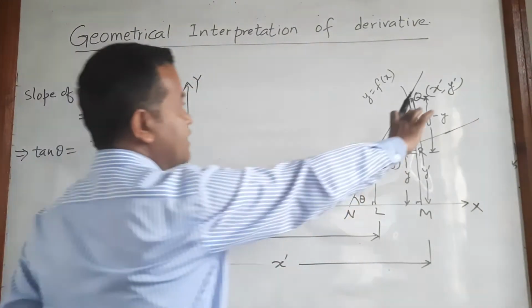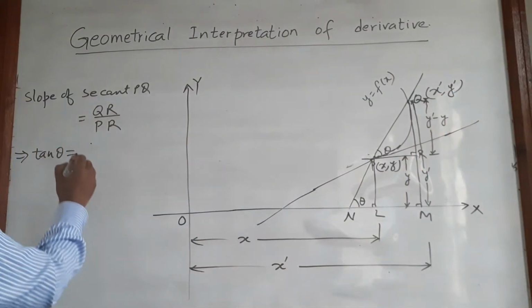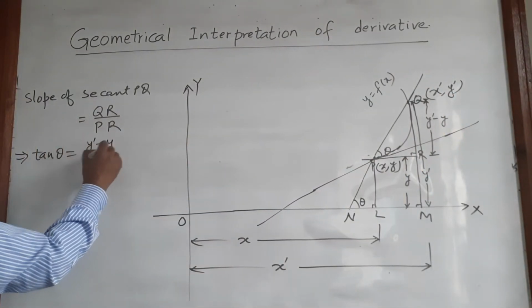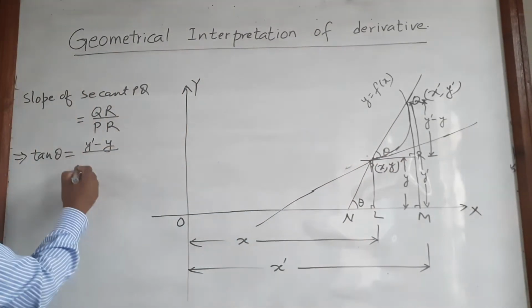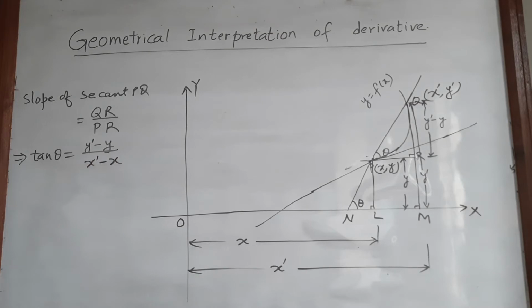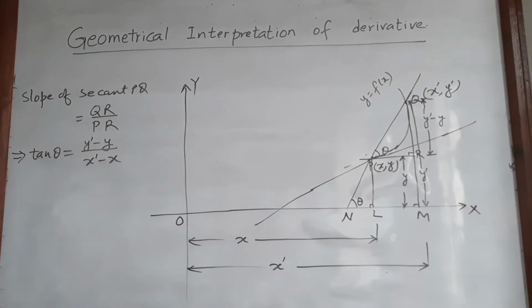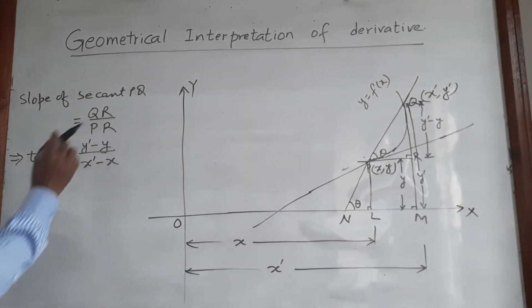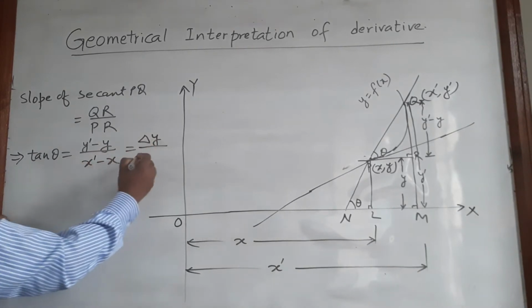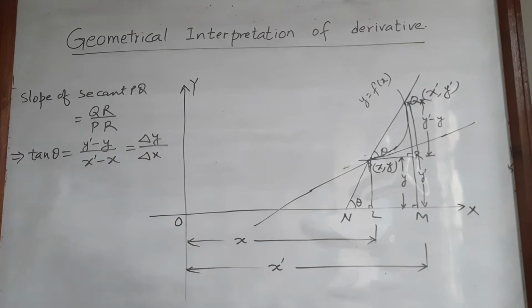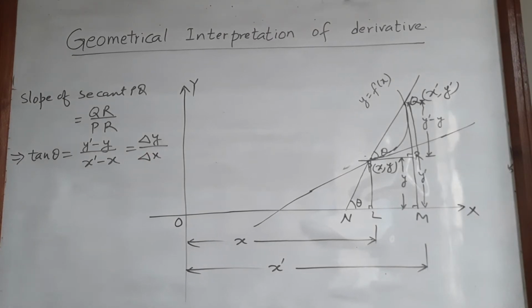The distance QR is y' minus y, and the distance PR is x' minus x, and we denote y' minus y by del y and x' minus x by del x.